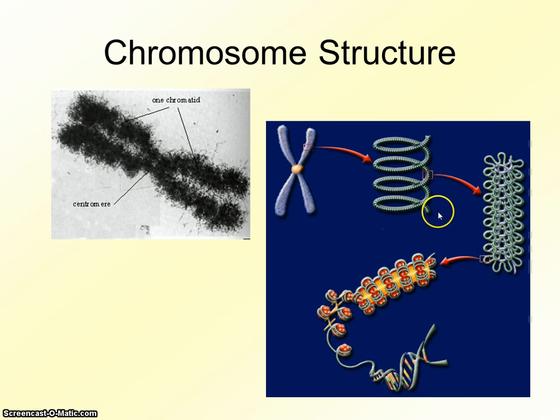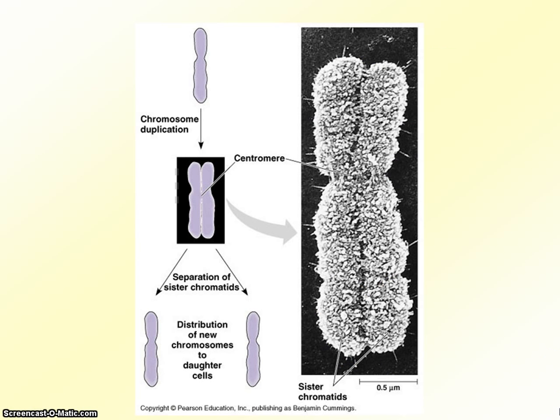Once it does that, those coils get wrapped even tighter, kind of like a spring, and then they form these chromatids that make up the chromosome. Here's another shot of a chromosome with an electron microscope, and you can see all the coiled up packages that form each chromatid.